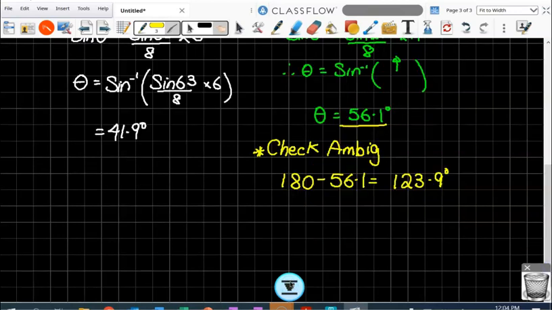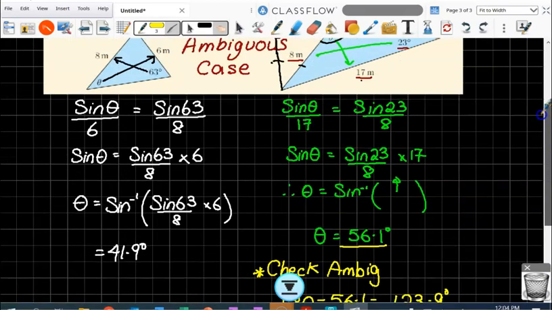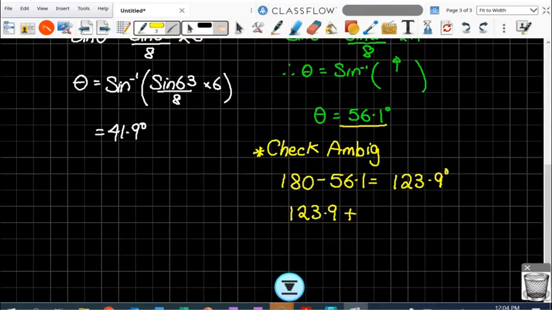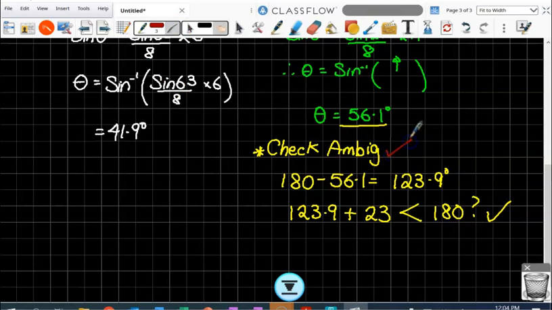We take that 123.9 and add it with the angle that's already in the triangle, which was the 23. Now, is that answer going to be less than 180? Yes. So therefore, the ambiguous case arises. That means we could have the angle of 56.1 or 123.9.